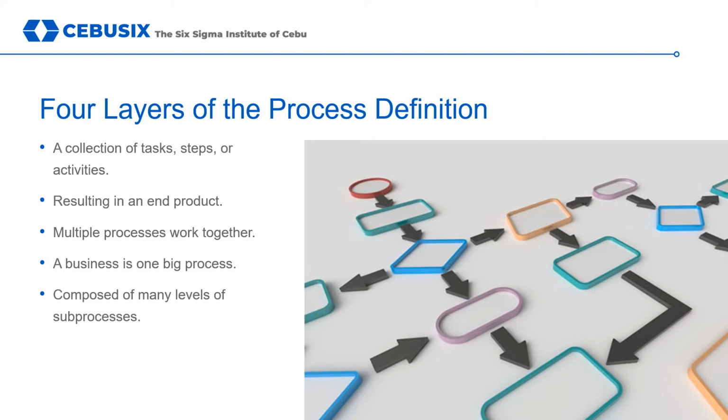Technically, the business or organization itself can be seen as one enormous process. Every process is composed of 4 layers. These layers are the process steps, the time it takes to complete each step, the interdependencies between the steps, and the resources used or assigned to the process, which are needed to turn an input into a value-added output.